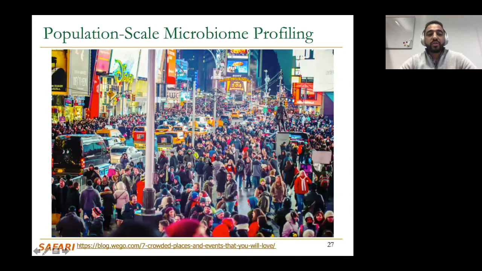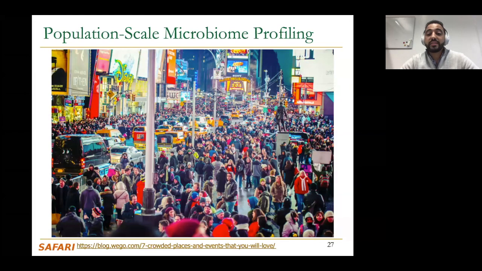Okay, we also want population scale microbiome profiling. So think about having a very dangerous virus in Zürich Hauptbahnhof, for example. What will happen to the people there? It's very critical for the authorities to keep checking this on a regular basis, especially for crowded places, to study exactly what bacteria, viruses, or other things we have in these very crowded places.